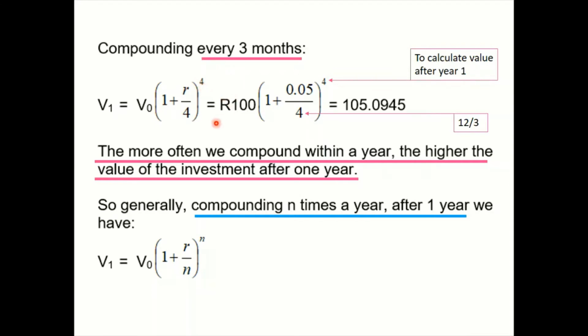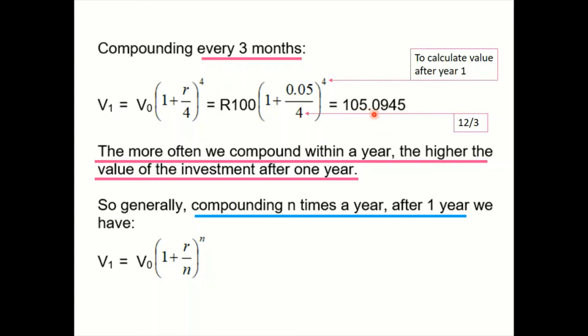Using our example, our original investment is 100 Rand. 1 plus the annual interest rate is 5%. We're dividing it by 4 because we are adding interest every 3 months, 4 times a year, and we need to raise this bracket to the power of 4. And that will be the value of our investment after 1 year if we compound every 3 months.